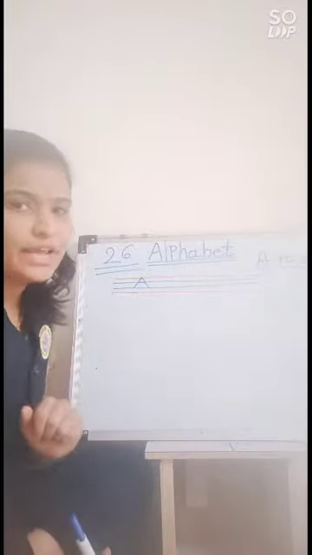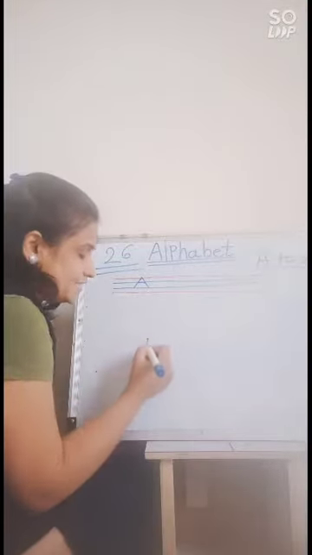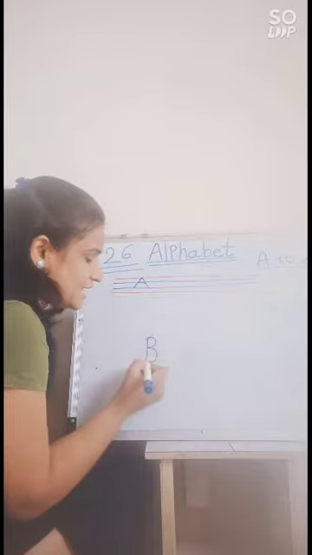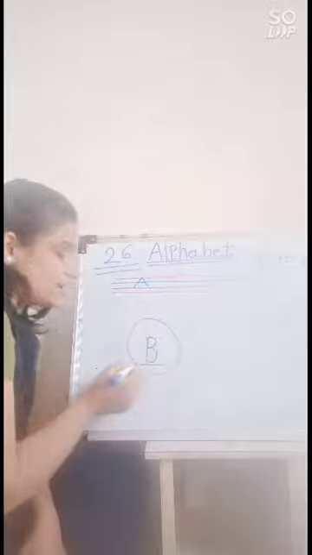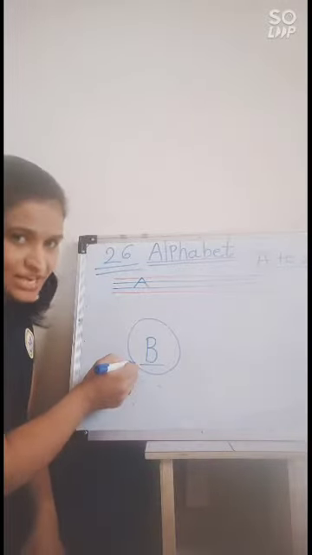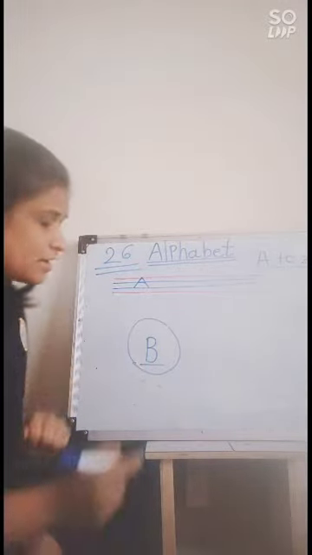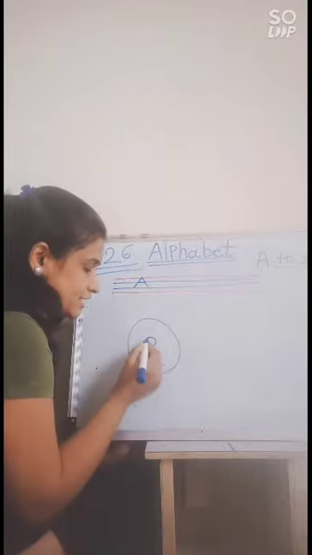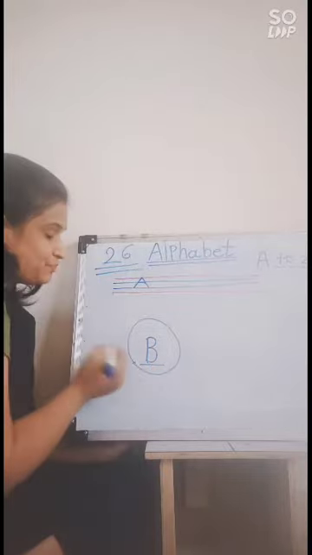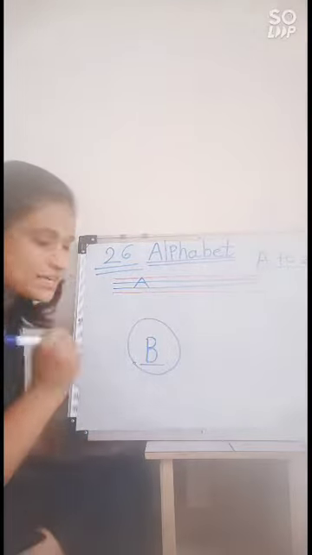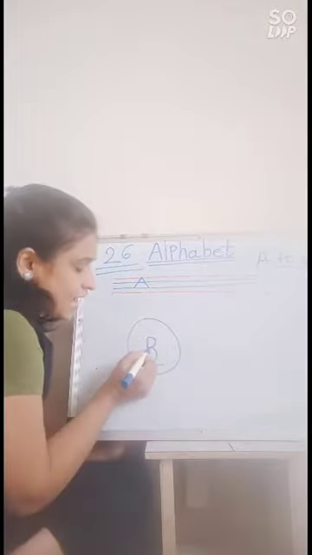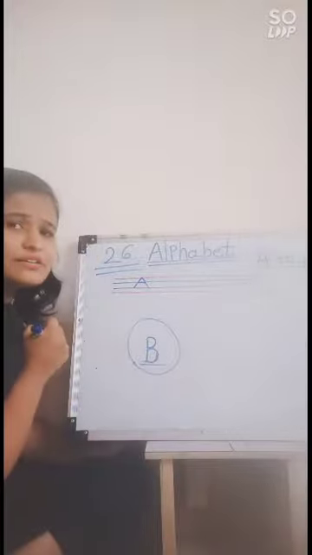Now can you tell me which letter comes after A? After A comes B. Yes, very good. So how can we write B? There is a standing line, a half circle, and another half circle.